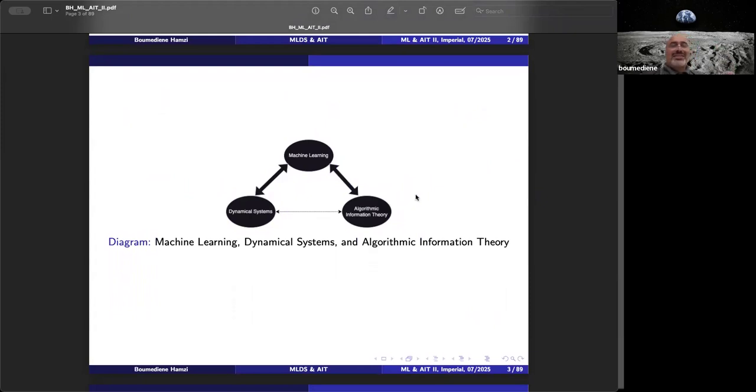So it's like two legs that would allow machine learning to be stronger, mathematically speaking. And here I would like to argue that at the heart of it are kernel methods, which are a unifying mathematical technique that allows machine learning, dynamical systems, and algorithmic information theory to interact with each other.